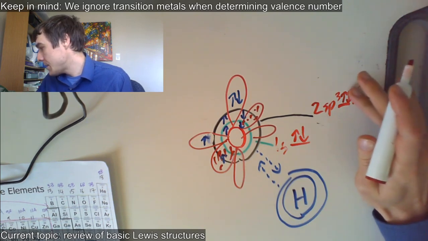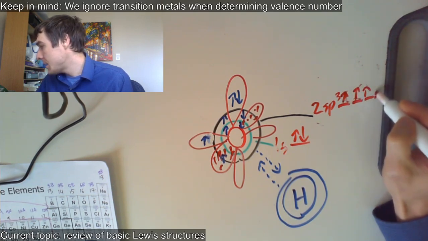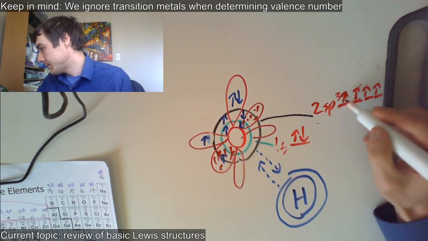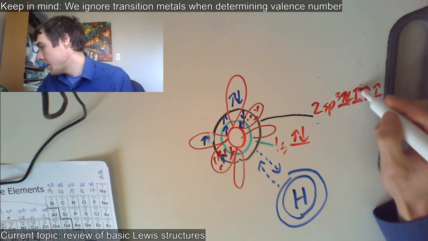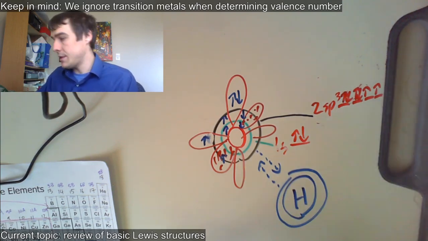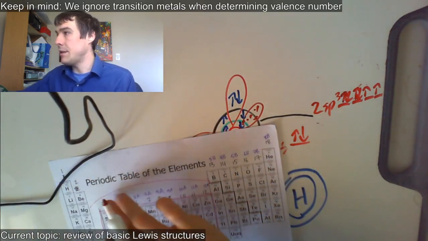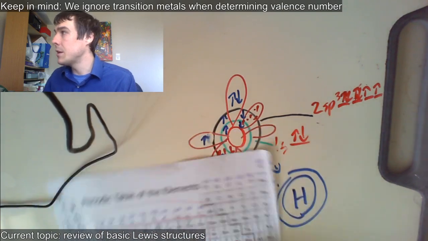On the oxygen side of things, it ends up looking like this. 1, 2, 3, 4, 5, 6. Those are the 6 from S and from P, these 2 plus these 4.